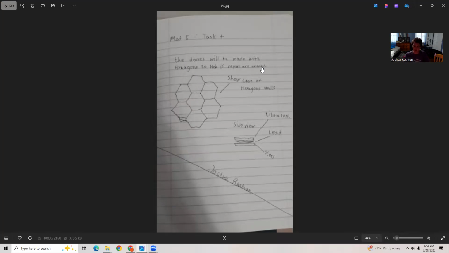That way we can just take apart the hexagons and put in more hexagons to replace them. The hexagons are made of three materials: a layer of titanium, a thin layer of lead to help prevent radiation, and a layer of steel.